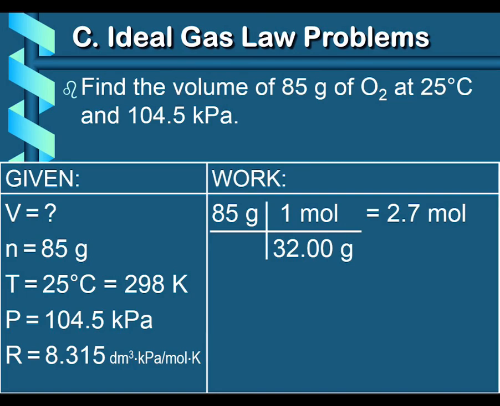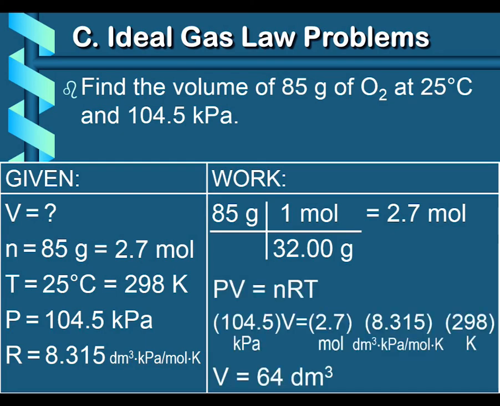This already shows you the math, trying to get the N switched over to moles, so we did have to do grams to moles. PV equals nRT, plug everything in. To get volume all by itself down here, you do have to take this number and divide it on both sides.